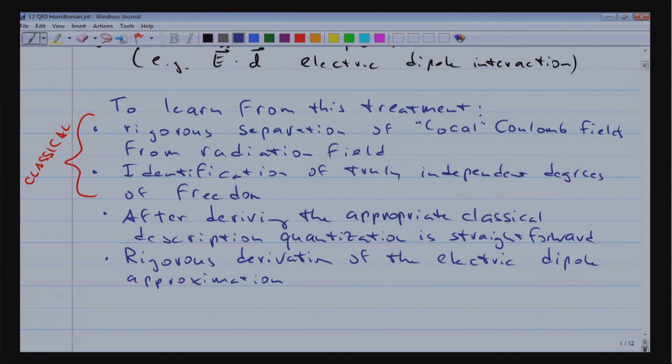I want to show you a more rigorous derivation of the electric dipole approximation, which is including the quadratic term. And that actually means, that's the take-home message, the electric dipole approximation is actually better than many of you have thought so far.